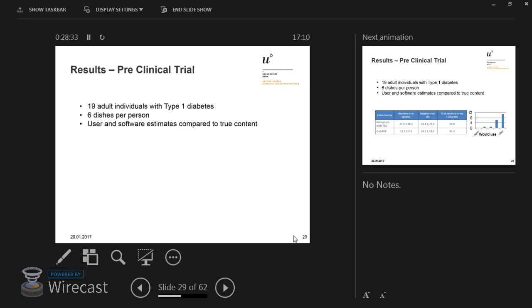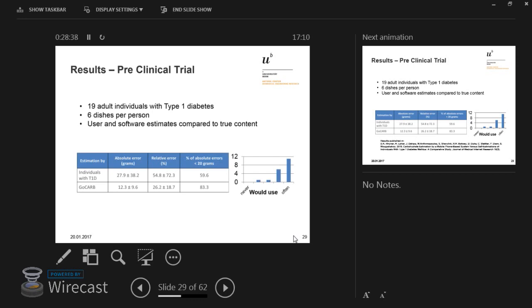Then after this, we compared to the ground truth that we had found, and we find that we make less than half the errors. We have much smaller errors than them, not just in absolute, but also in relative error, and also we have many more estimations that are close to the truth than them.